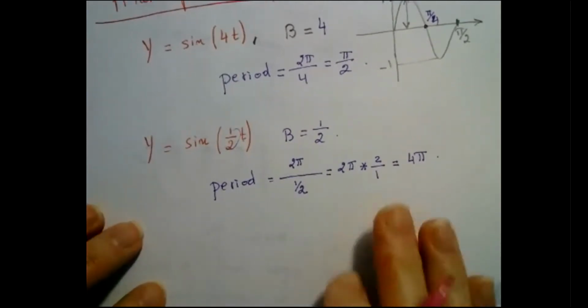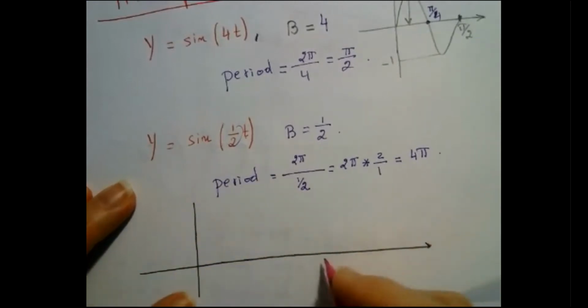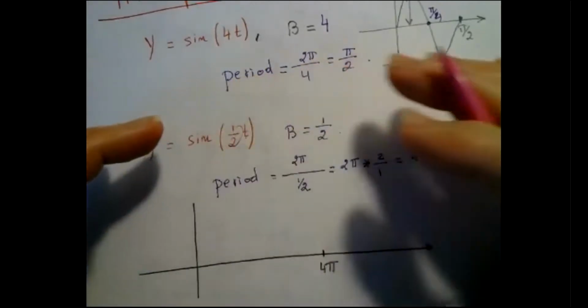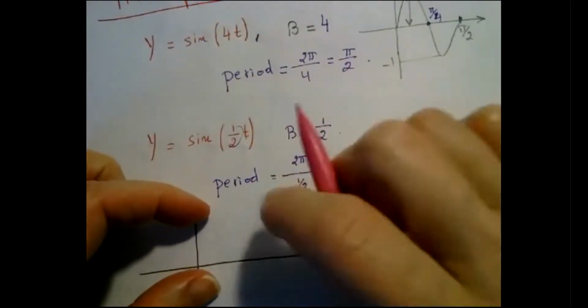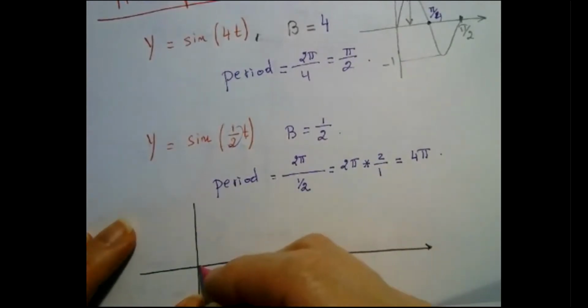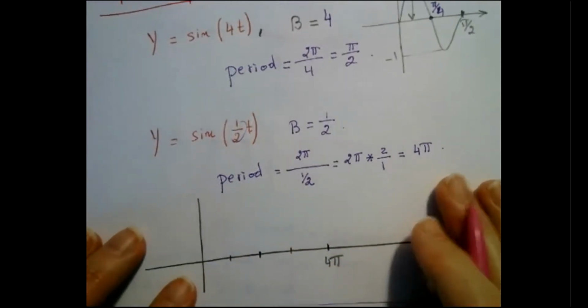So now how is the graph going to look? It's exactly like the graph of sine, but now the period is going to be 4 pi. You can imagine stretching it horizontally to get a much larger period. I usually divide into 4 because that's how the graph of sine is.